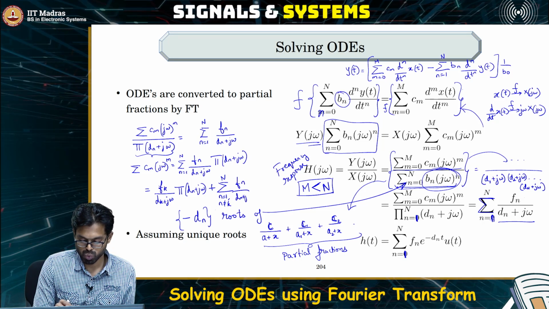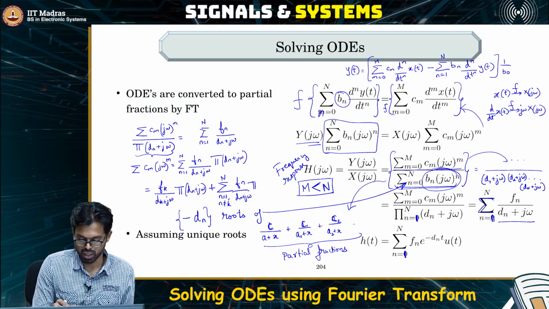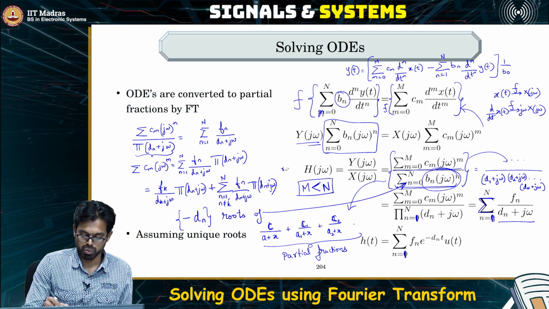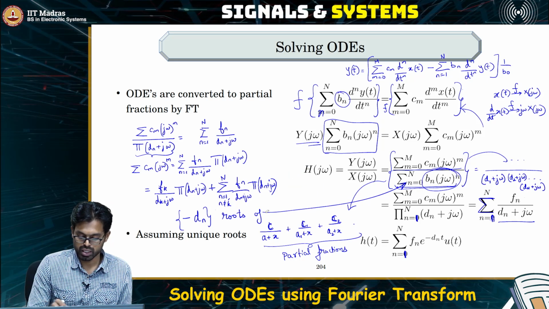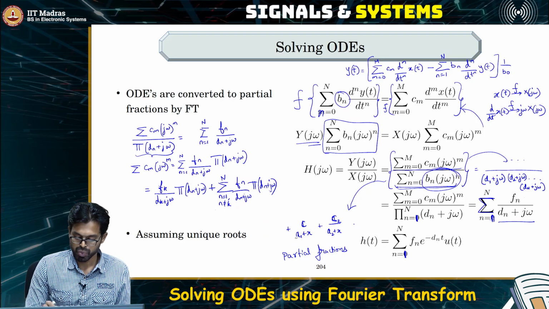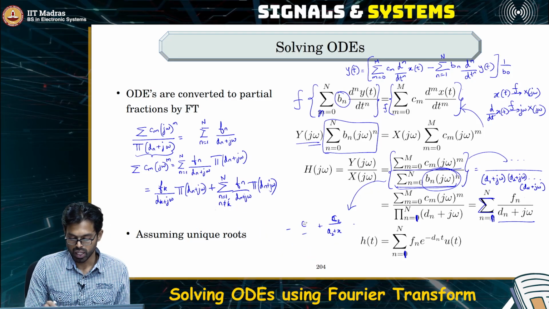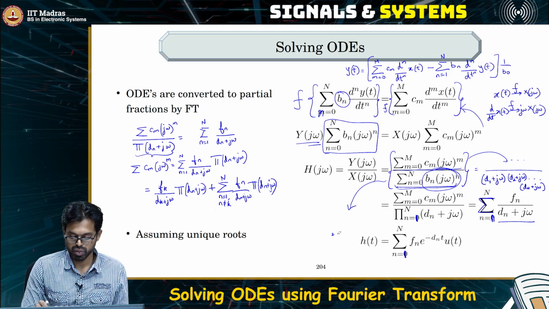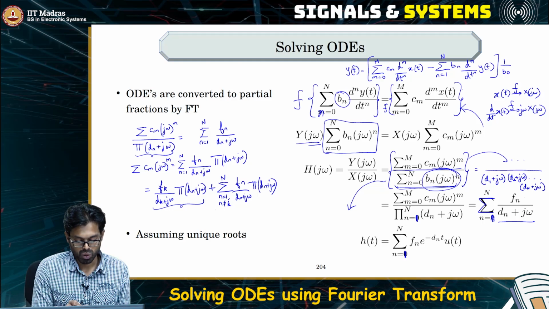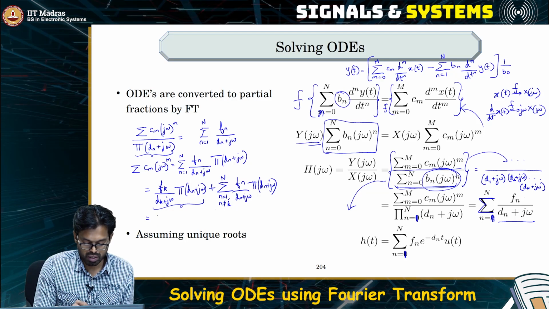We have just taken out one term and are writing it outside, that is all, otherwise everything else is the same. All we are doing is writing the same equation by taking one term outside, nothing else. Now, in this term we can simplify a little further because dk plus j omega is already contained in this product. So we can cancel that out.